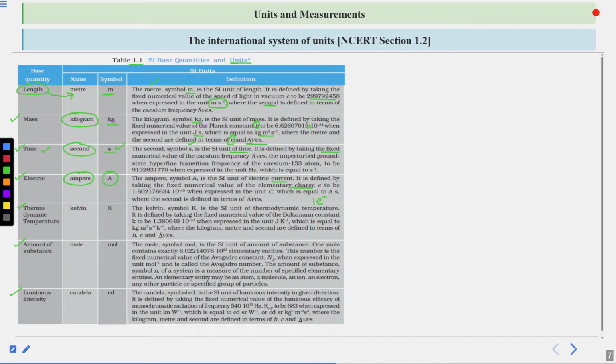When expressed in the unit C, the unit of charge, that is coulomb, which is equal to ampere second, where second is defined in terms of the caesium frequency. So this is the fourth base quantity.